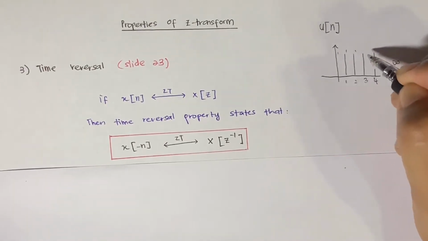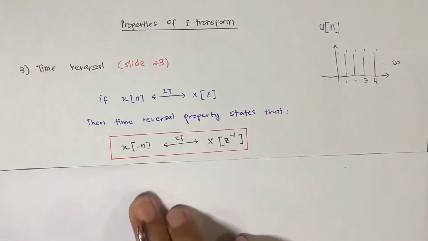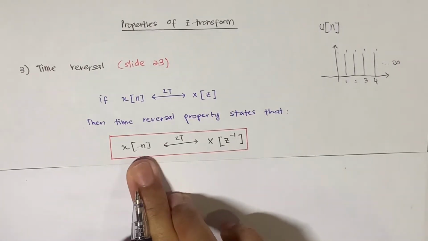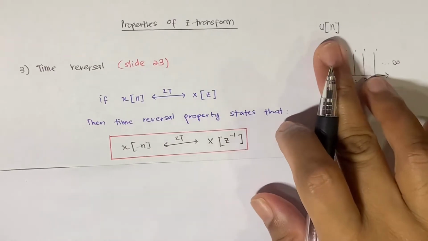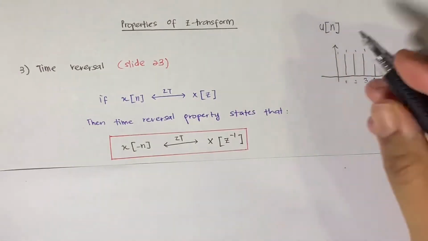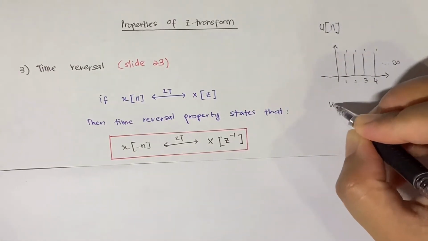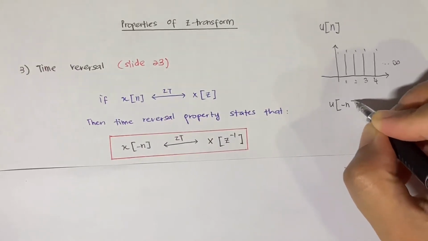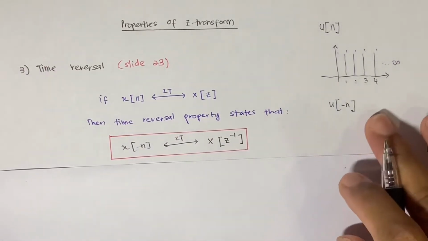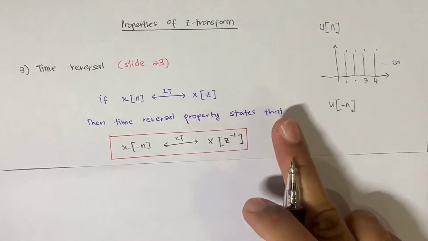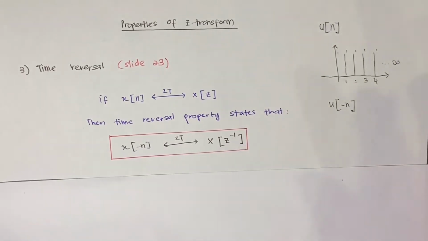This is just for example. If you have x[-n], which is u[-n], the signal is flipped to the left side.